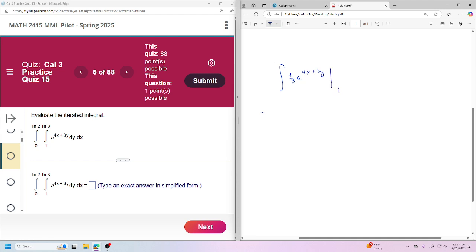And I'm going from 1 to ln3. I plug that in for y. So let me make sure I'm doing this right. I want to be careful here. Minus, and I do the whole thing again, but now I plug in a 1.